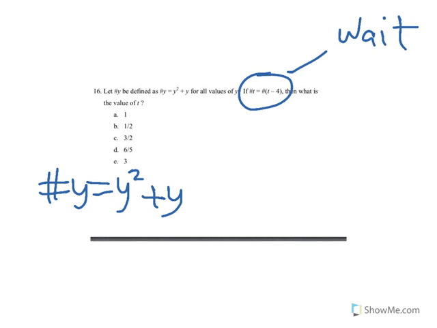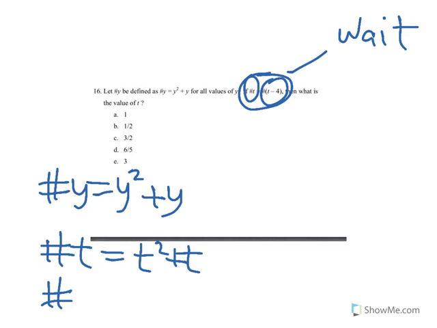So the first appearance is pound t. So I'm going to say pound t equals. Now what this means, because pound y is y squared plus y, pound t is t squared plus t. I'm going to now also look at the other instance of the pound sign, which is pound of t minus 4.